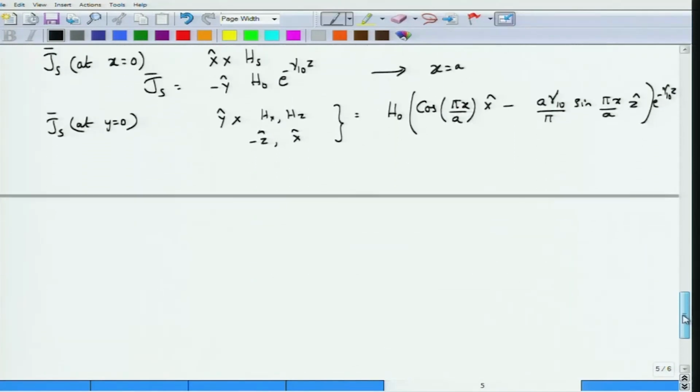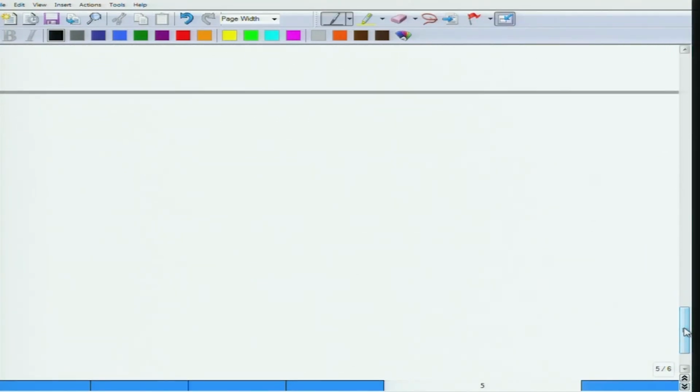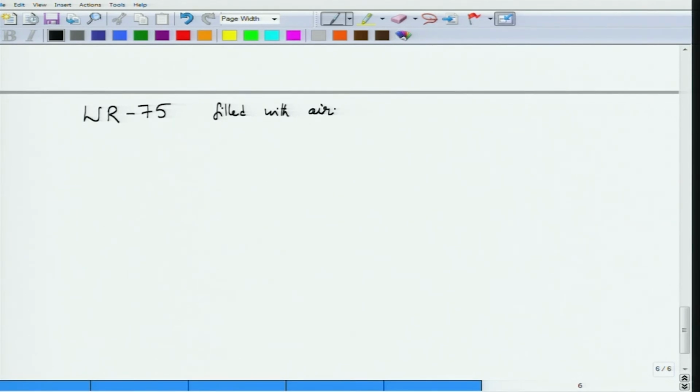Let us try to solve one problem before we go on to the next topics in the waveguide. We want to consider a waveguide which is widely used, called the WR75 waveguide. These numbers just tell you the ratios of a and b. This waveguide is filled with air, which means that mu is equal to mu 0 and epsilon is equal to epsilon 0.